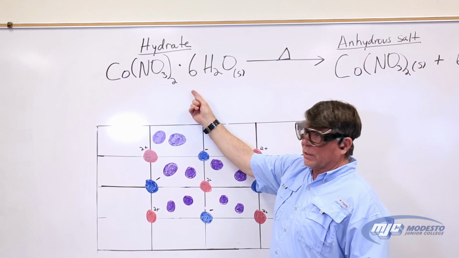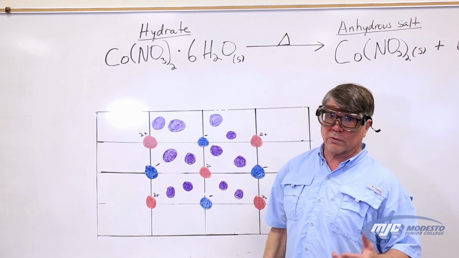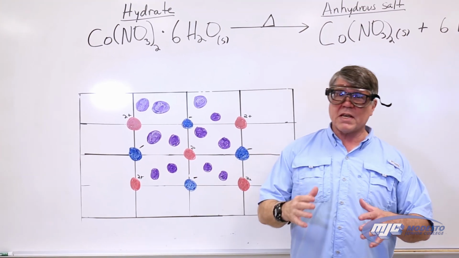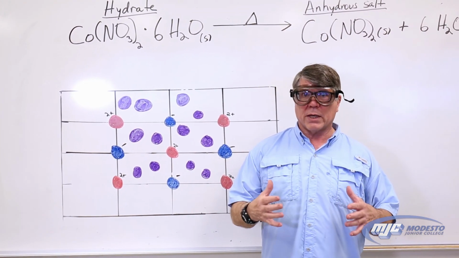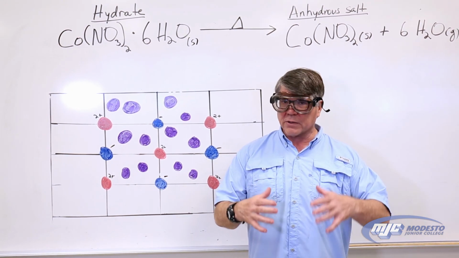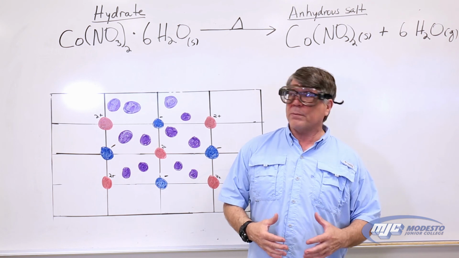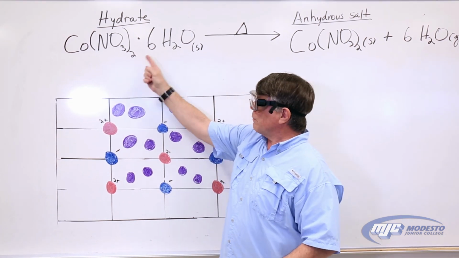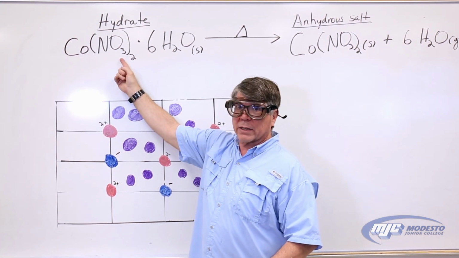The formula actually has some relation to the actual structure. Now, if we could actually see the atoms and the molecules in a hydrate, there's a lot of order, a lot of structure down there at the atomic level. It ends up that in a hydrate, the first part of it is an ionic compound.